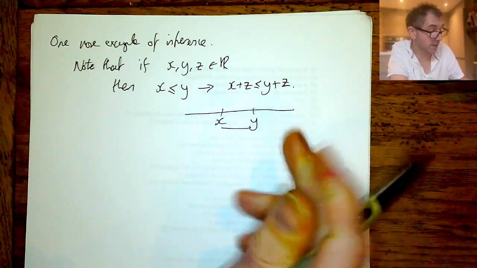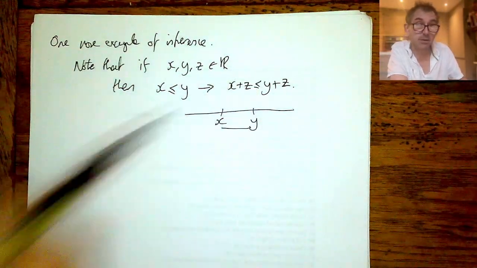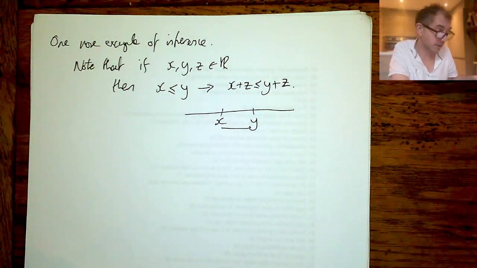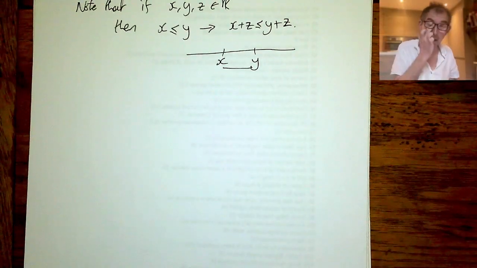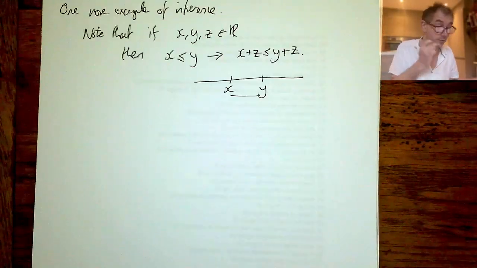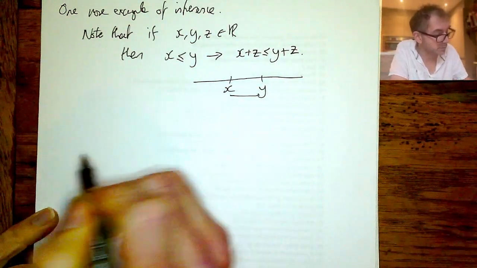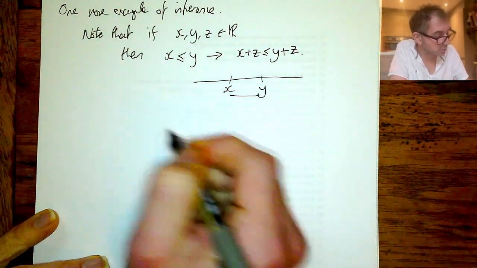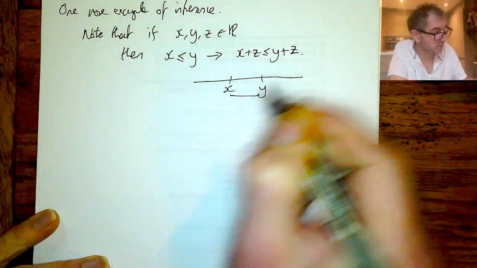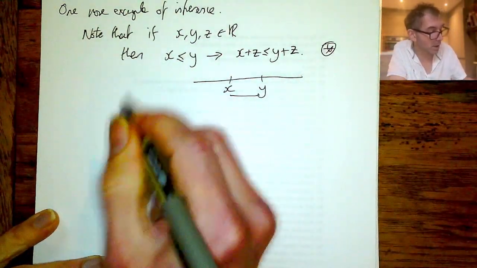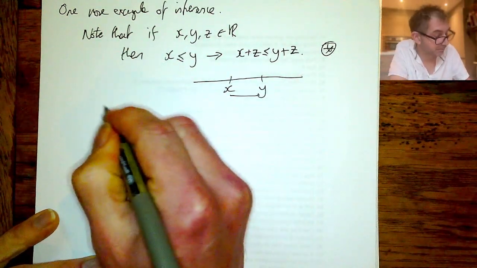Or even if I take z to be a negative number, they'll just move downwards, but they'll still be in the same relation. As I say, you can prove that carefully if you think about the decimal expansion, but it would take a bit too long to worry about that. So that's going to be one property I'll take as a basic property.